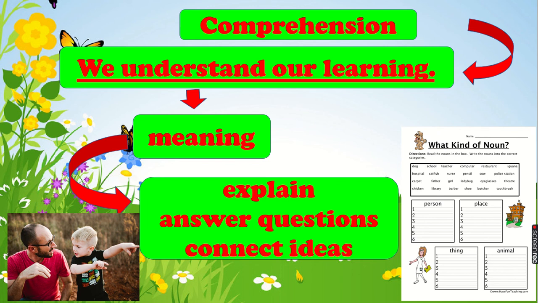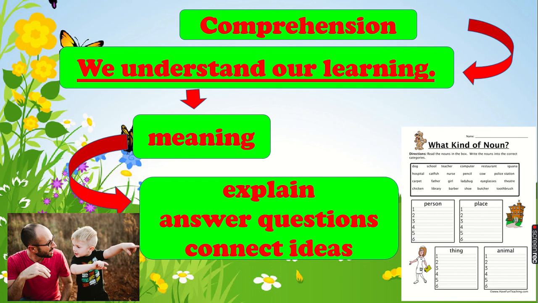Connect ideas means when you explain the meaning of your knowledge and then you connect more ideas to it, just like what Arjahi likes to do. So every time she explains something, she always relates it to other things.